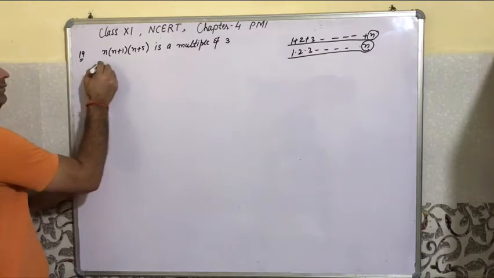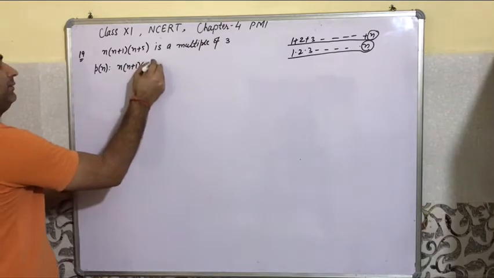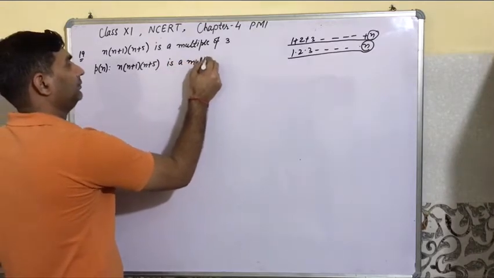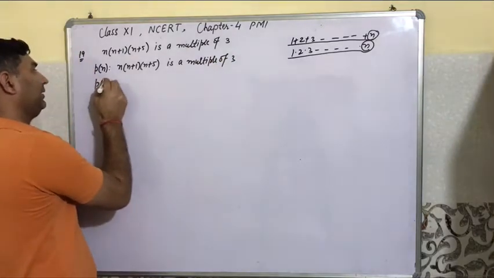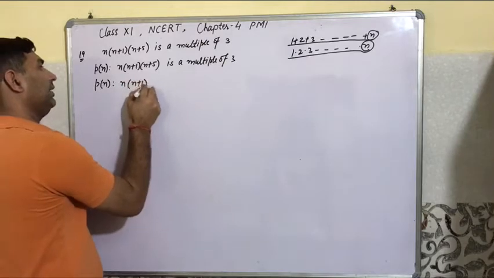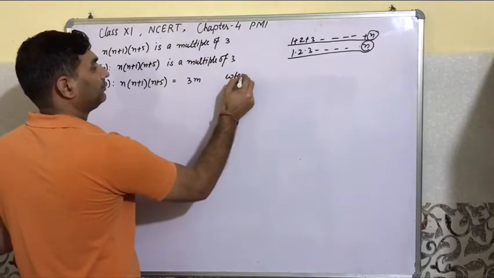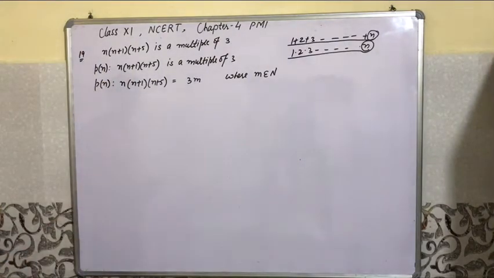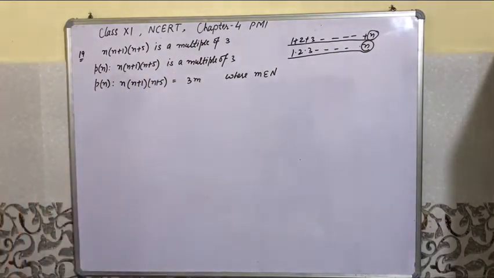Then let p of n: n into (n plus 1) (n plus 5) is a multiple of 3, or you can say that this n into (n plus 1) (n plus 5) is equal to 3m, where m belongs to N. m is a natural number, and here it is a multiple of 3. That means we can write 3m instead of multiple of 3, where m belongs to N, a natural number.